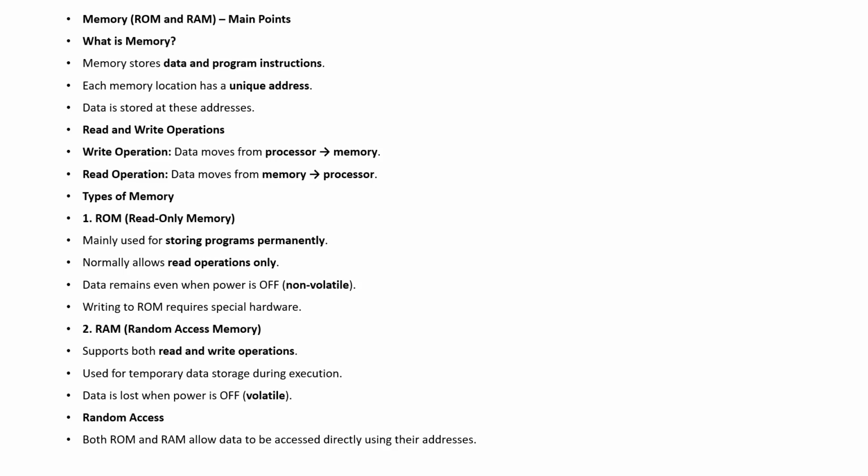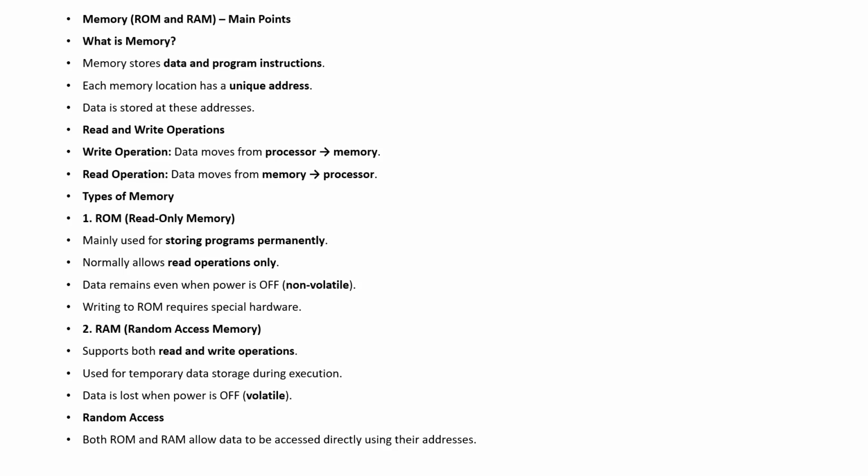ROM allows read operations only. As I said, read operation means data moves from memory to processor. So it allows only read operation. There is no write operation over here. Data remains even when power is off, so it is called non-volatile.